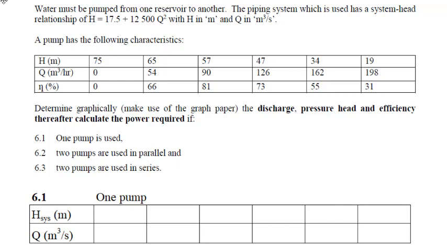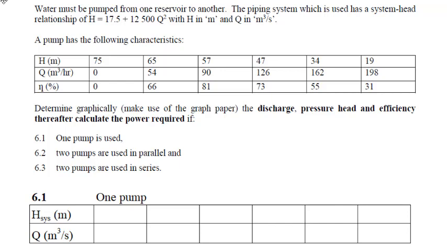That tells you the units for H and Q. So you need to make sure that the values you substitute, Q and H, are in those units, especially Q, which should be in meters cubed per second.